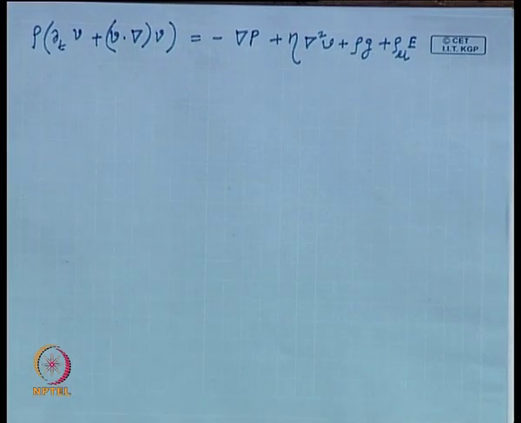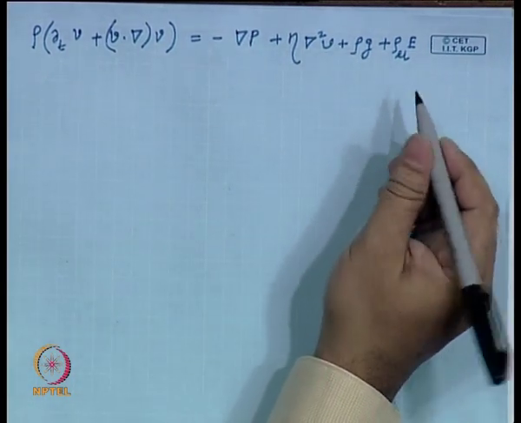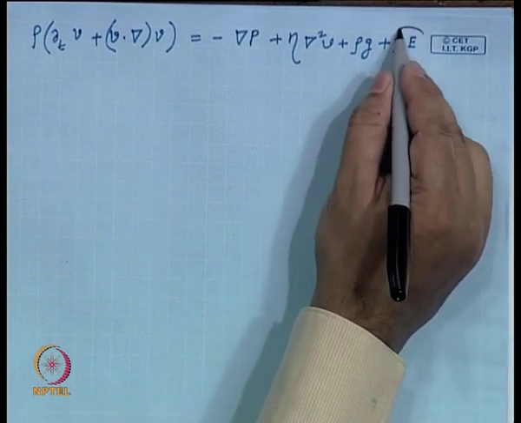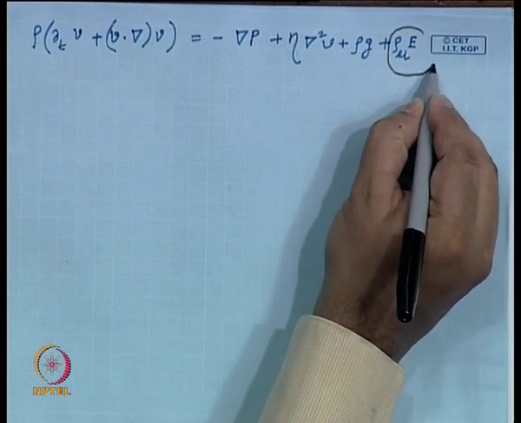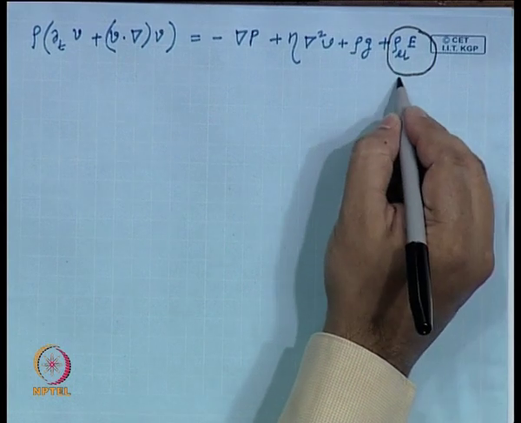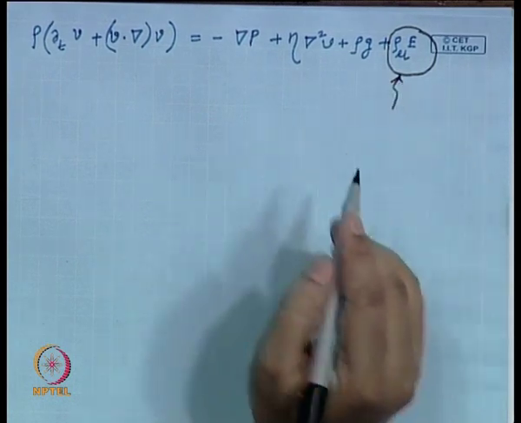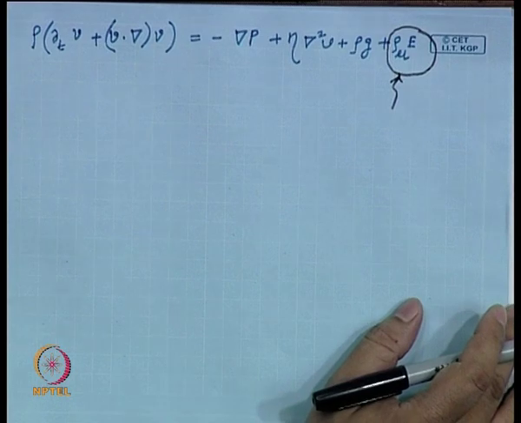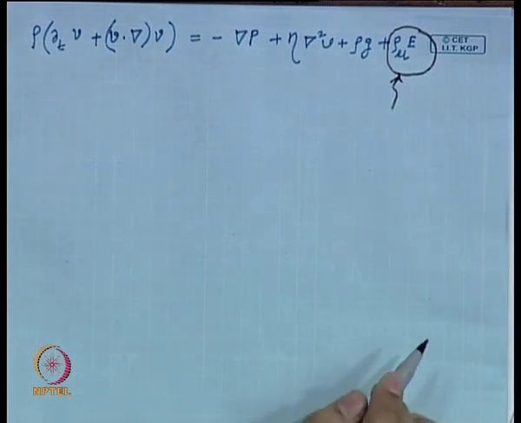Now, what we said in the last class is that we need to understand this rho_e term well, and see how it is affected by this electric double layer.